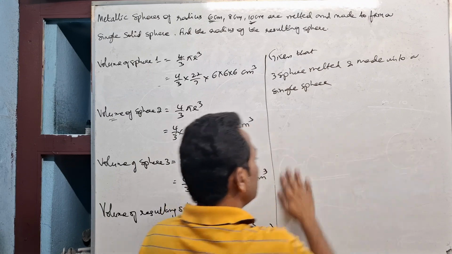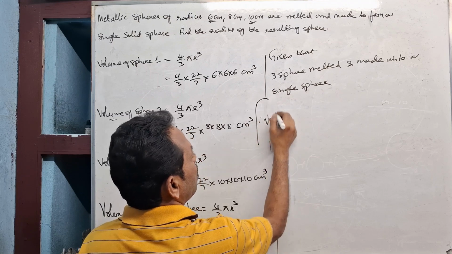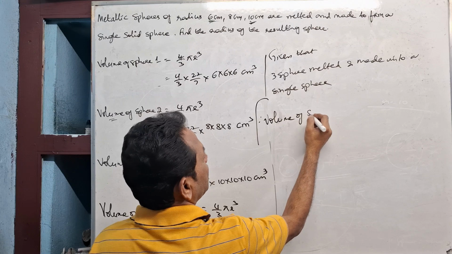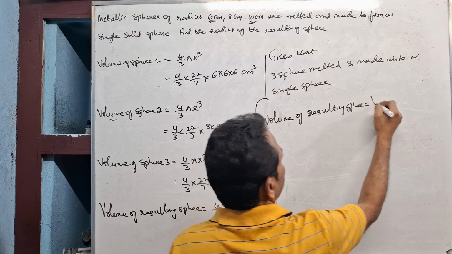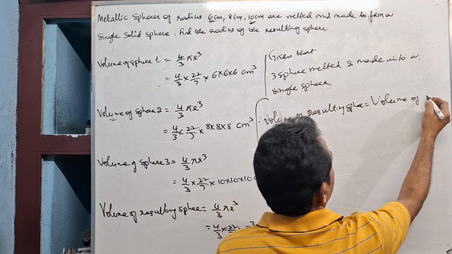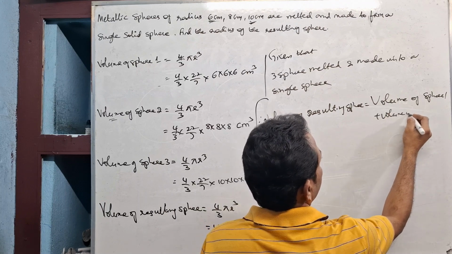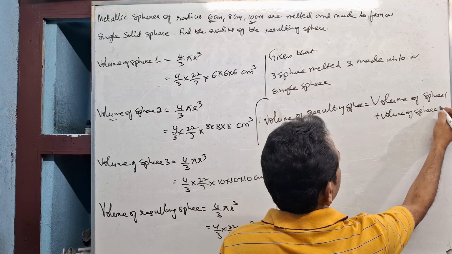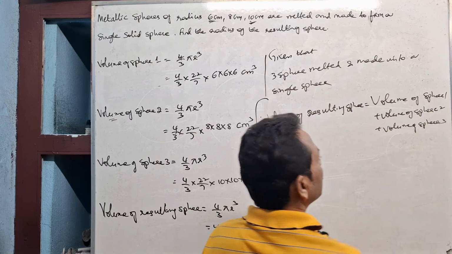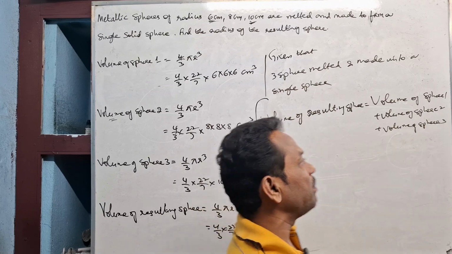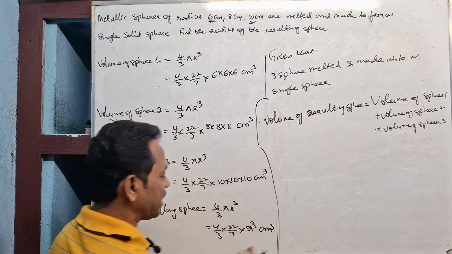Therefore we can say the volume of the resulting sphere is the same as the volume of sphere 1 plus volume of sphere 2 plus volume of sphere 3. If I add these three volumes, I will get the volume of the resulting sphere. So let me take the values.